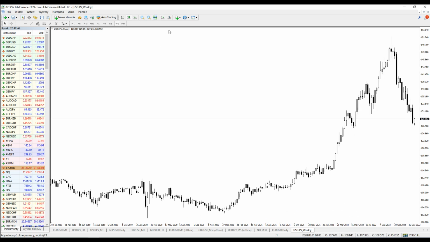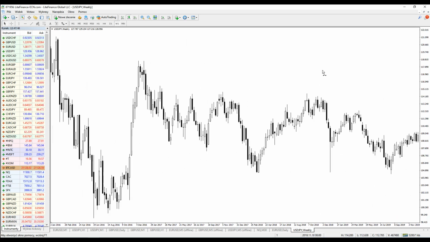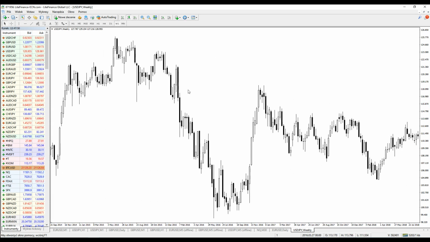When we are creating the lower shadow, a strong candle move to the upside, rejection of the support, the break to the downside wasn't successful, and a huge move to the upside.